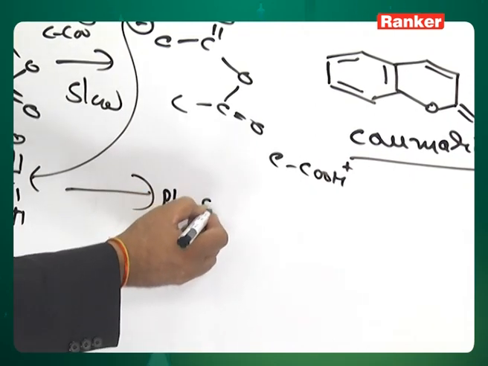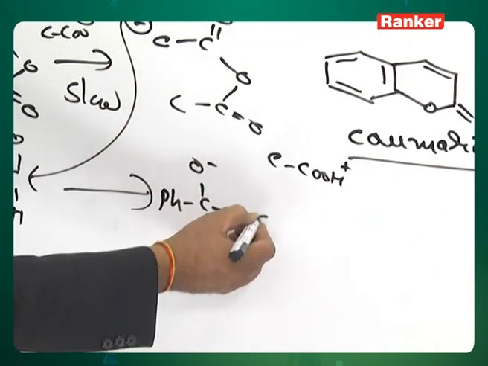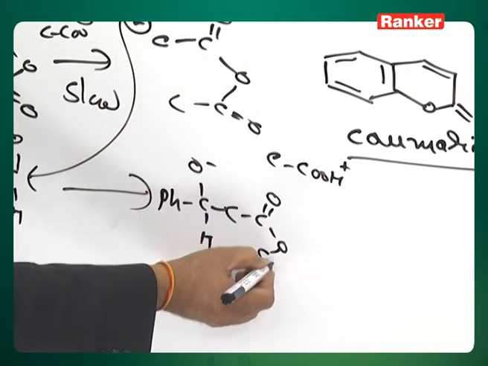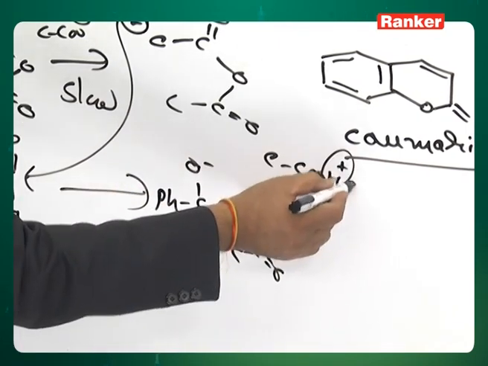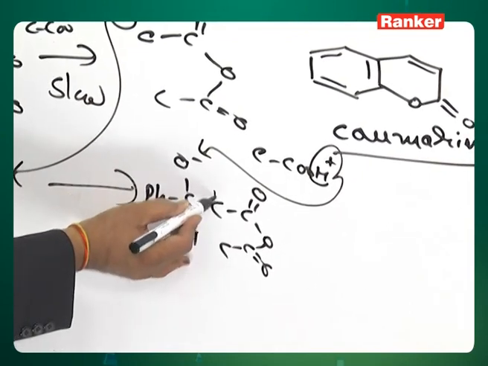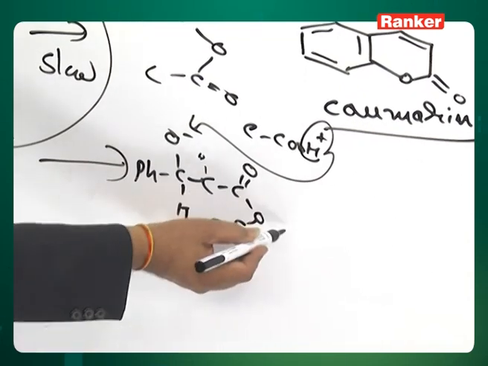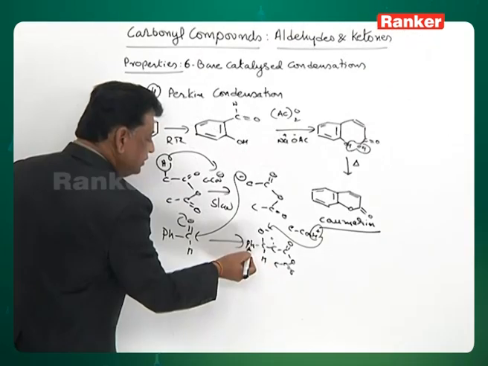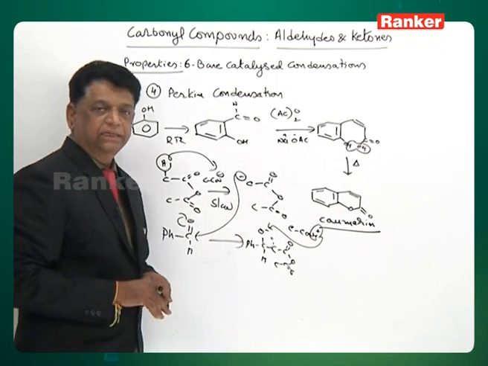A phenyl CO minus, okay, and then the entire part. This anion will take back this proton and become the hydroxy. The hydroxy is beta to this one. So, this H and OH will eliminate, and that water will be added here. So, half of the acetic acid joined with the benzaldehyde, the other half comes as a byproduct as acetic acid.